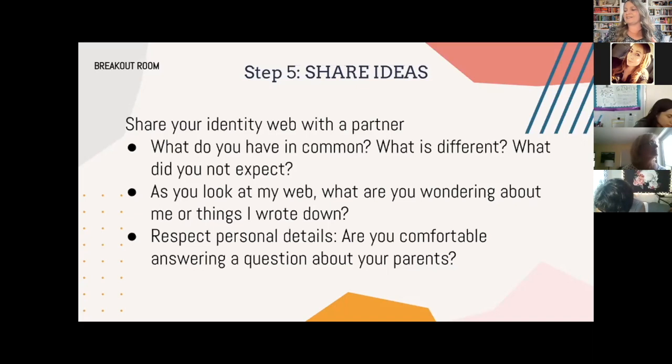Like I noticed that it says parents, dad dead, dad passed away. If it was a kid writing it, they'd probably say dad dead, because we adults are the ones that use these other words to represent it. But are you comfortable answering a question about your parents? So we're teaching students to be empathetic, even in the way that they are exploring other students' identities.